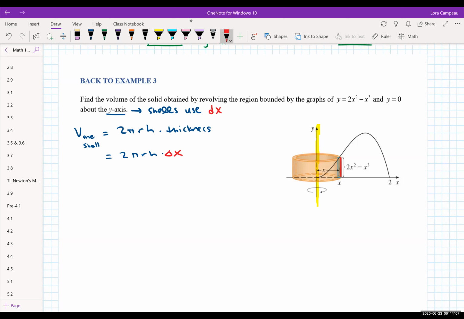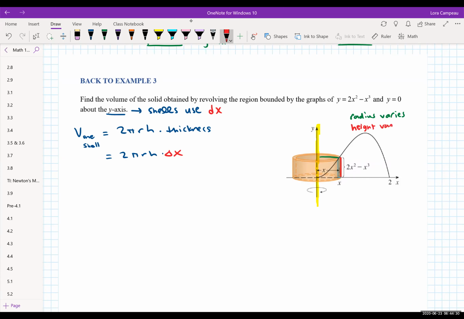And so now it's our job, we have the idea of the two variables. Not only is the radius varying depending on where your cross section is, so the radius varies, but also wherever you draw your cross section, the height is varying.